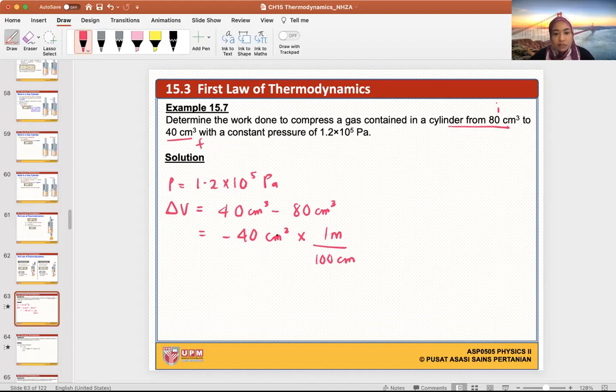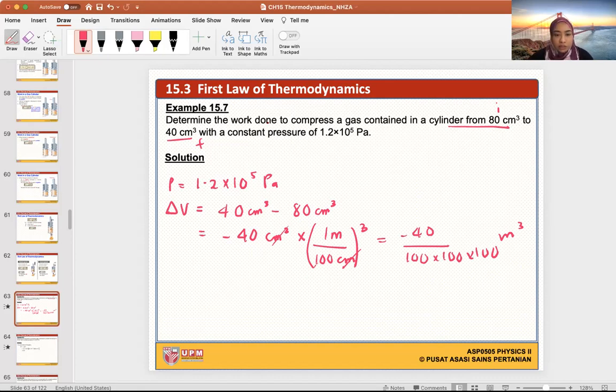But this only cancels out one, so I need three of these, so cubed. Okay, so the cm³ cancels out, and this is minus 40 divided by 100 times 100 times 100 meter cubed. I don't know how much that is, it has a lot of zeros.